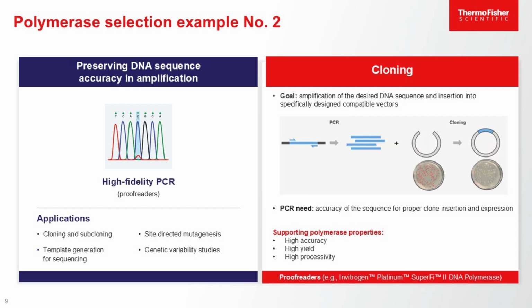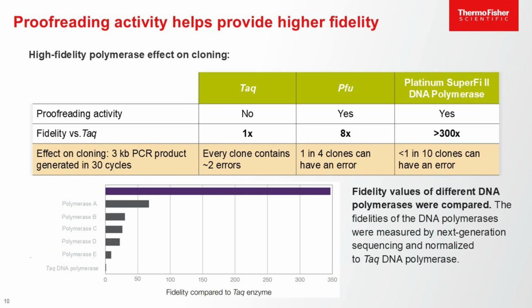High-fidelity polymerase, like Invitrogen Platinum SuperFi II, is recommended for these applications because it provides high accuracy and yield essential for proper clone insertion and expression. As mentioned previously, applications such as cloning require proofreading polymerases that ensure DNA amplification with high accuracy, minimizing errors in the amplified fragments.